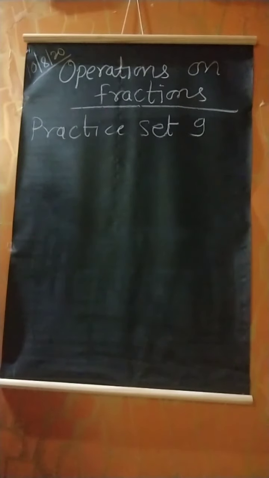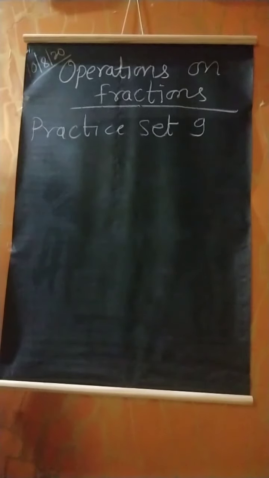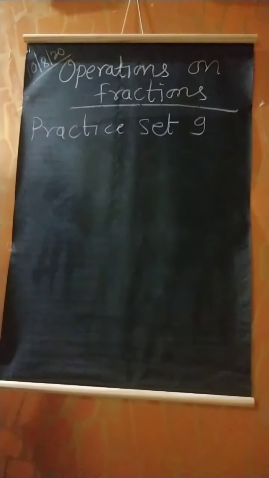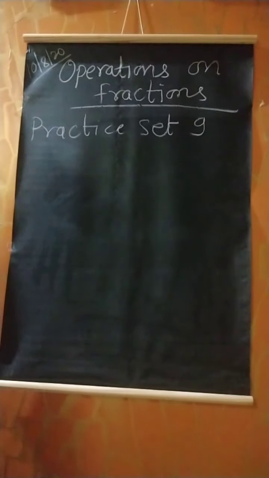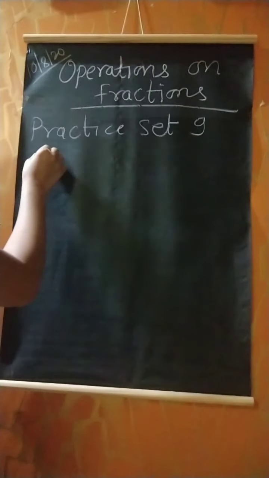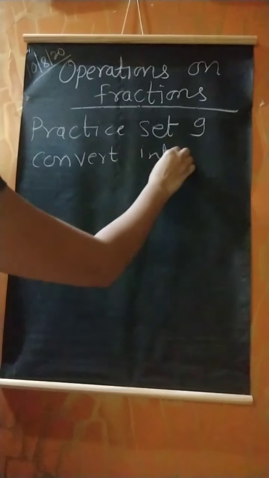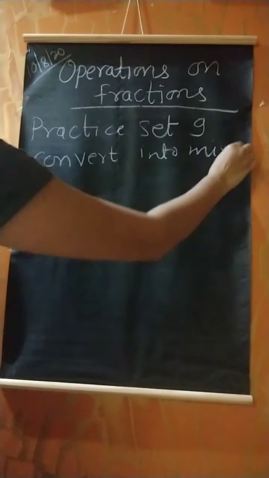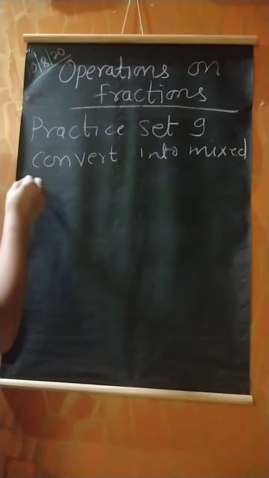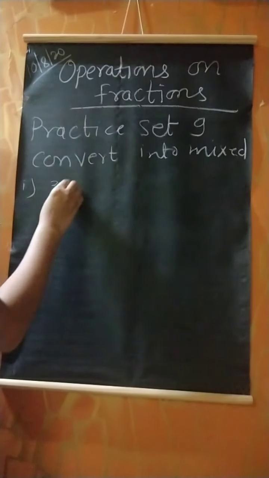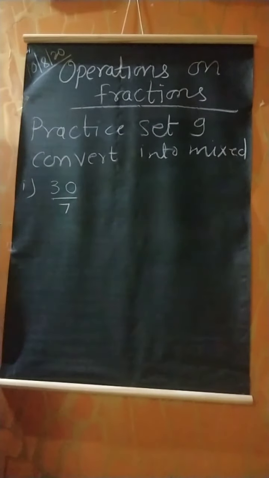Next, based on this first topic, that is conversion of improper fraction into mixed number, we are taking question number 2 from practice set 9. That is, convert into mixed number. Now see, the first question is 30 upon 7.